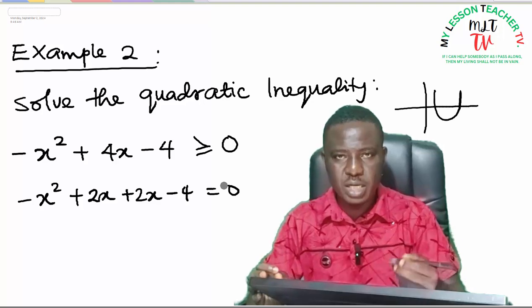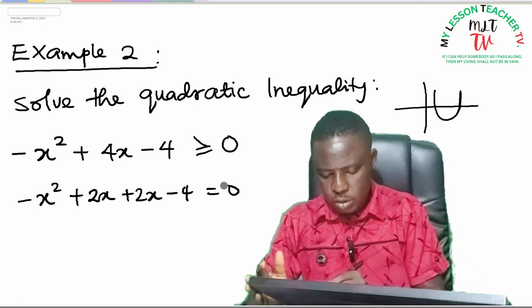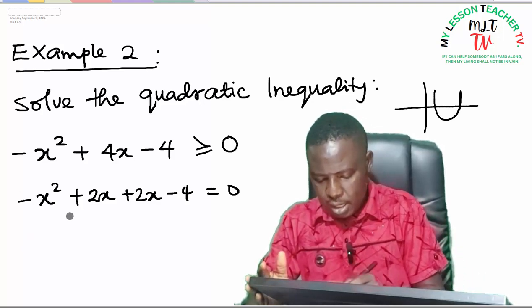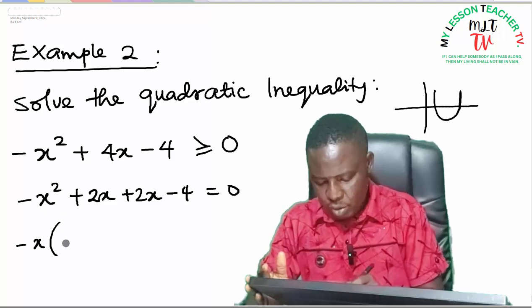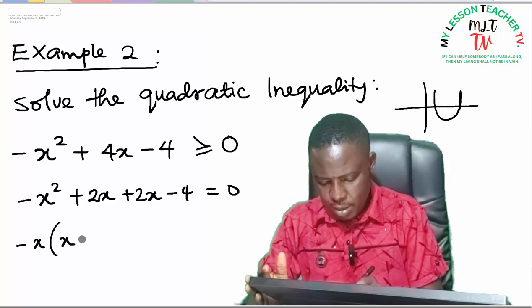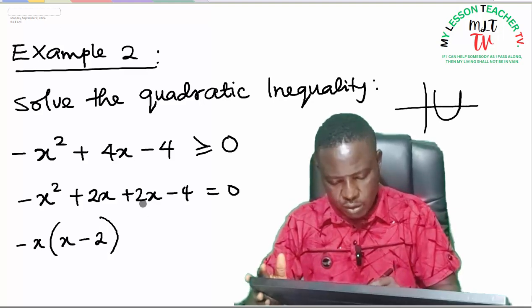Now what we are trying to do is to get the zeros of the inequality. So factorize out what is common in the first two terms. You would agree with me that minus x is common. And when you divide here by minus x, you have x minus 2. Also look at the next two terms.